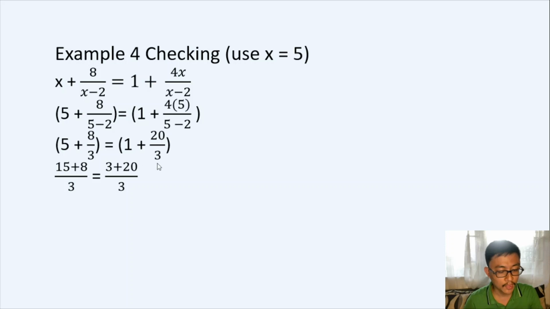Then, sa right side, you have 3 times 1, 3 plus 20 over 3. Add lang natin. So, 15 plus 8 is 23 over 3 is equal to 3 plus 20 over 3. So, 23 over 3 is equal to 23 over 3. So, tama yung checking natin dyan.